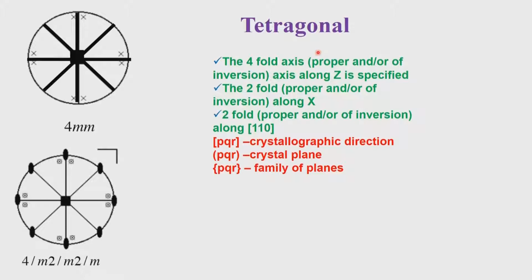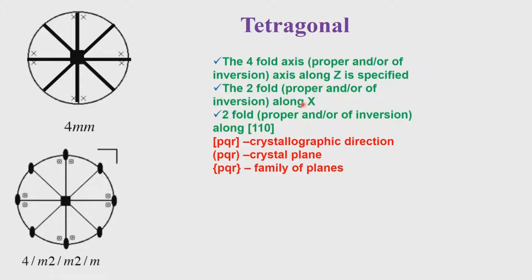We can also have the three axis operation as per the rules of Euler's theorem. Then we have something like 4 2 2, which we have already seen in the previous class, and in this case we have a proper improper axis, which is 4 mm. So, this combination is also allowed, and then the second two-fold, or the mirror symmetry, represents a proper and or inversion along the x direction.